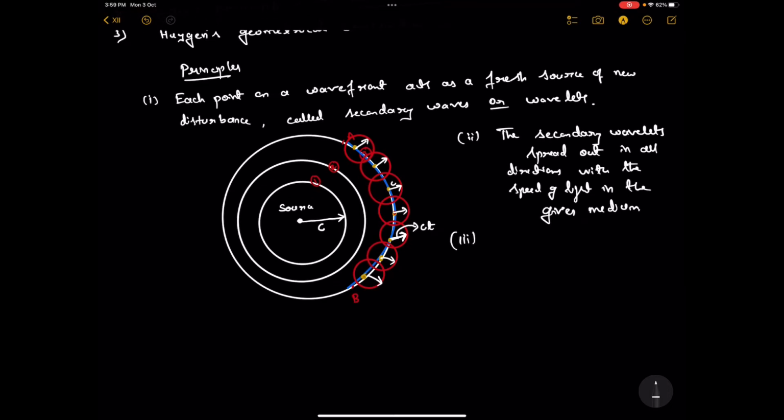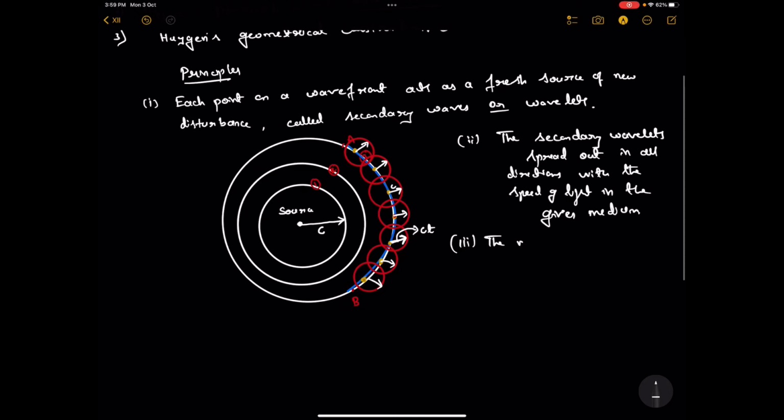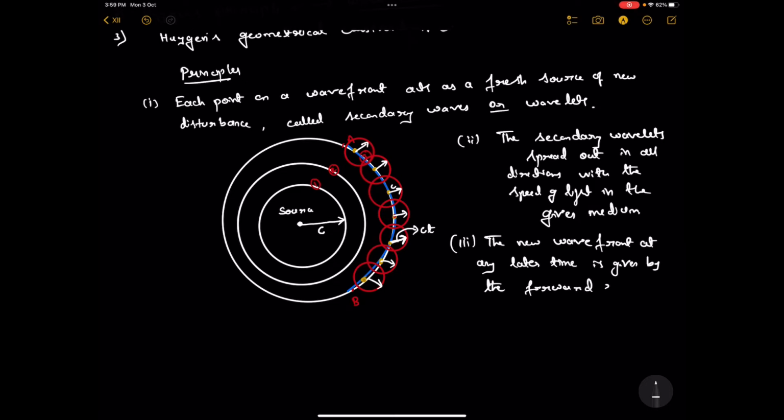Now, the third statement is very, very important. The new wavefront at any later time is given by the forward envelope of the secondary wavelets at that time.